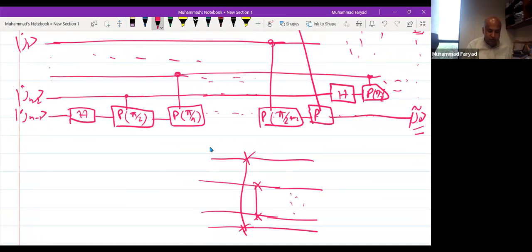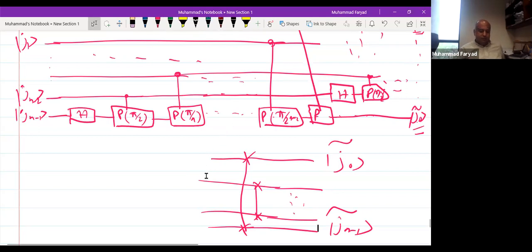This will reverse the order, so that j0 goes on top and jn minus 1 goes to the bottom. This is the way we can put them back in the order such that our least significant come on the top and our most significant come at the bottom. So any question regarding the circuit?